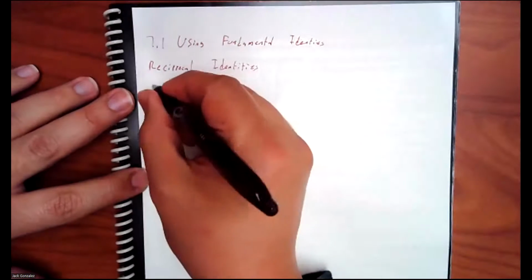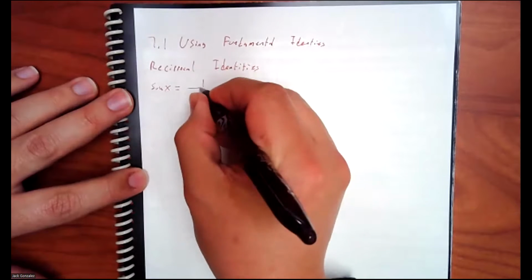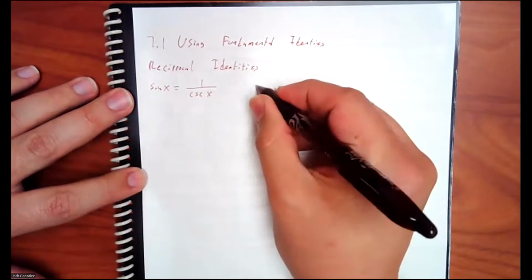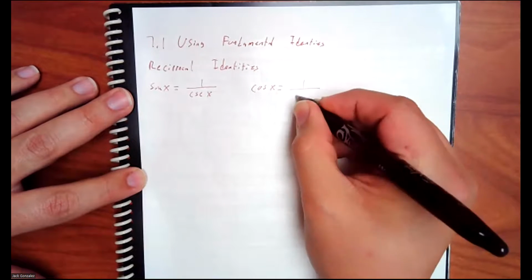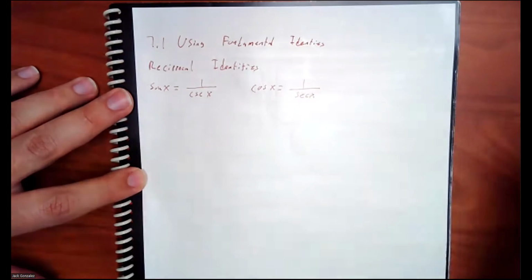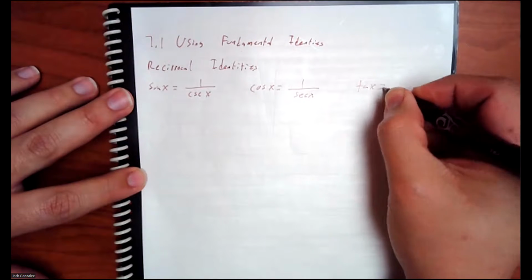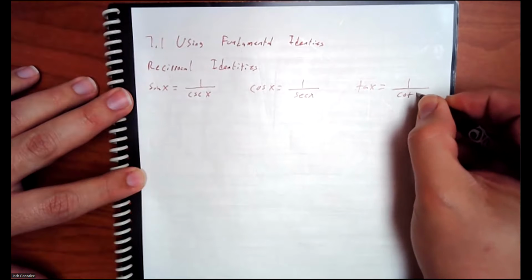So reciprocal identities. Okay, so the first one, sine x is equal to 1 over cosecant x. Cosine x is equal to 1 over secant x. Tangent x is equal to 1 over cotan x.